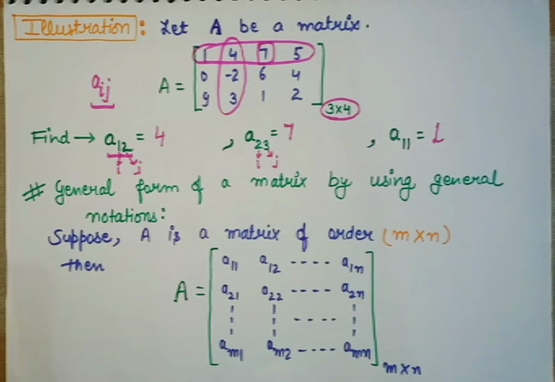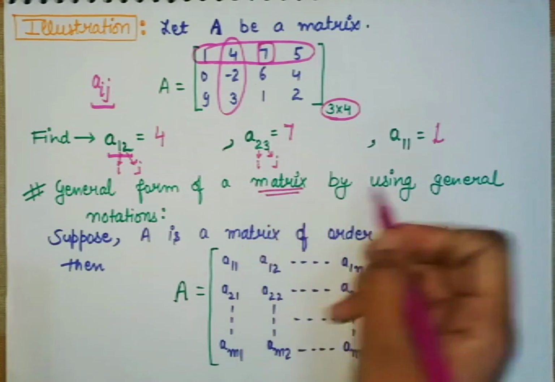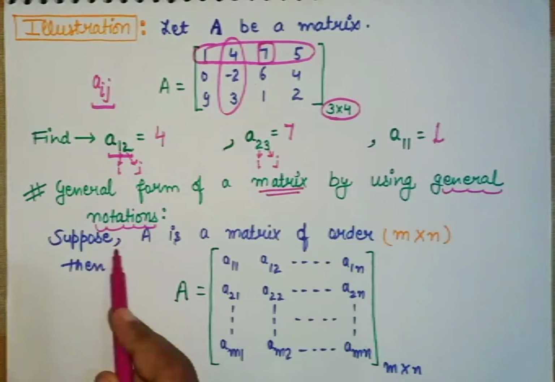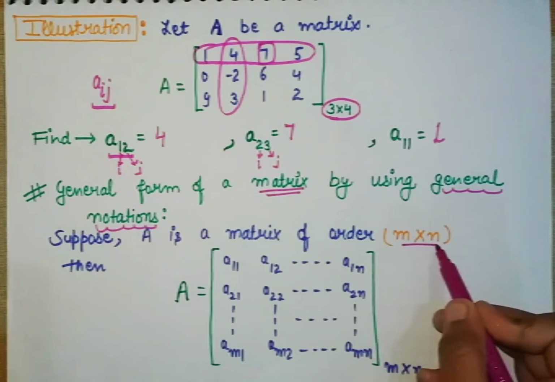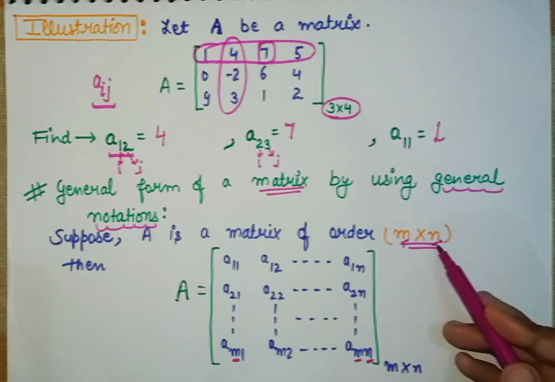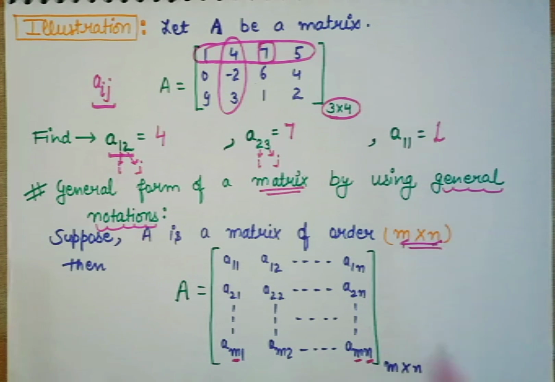Let's learn how to write a matrix by using general notations. Suppose A is a matrix of order m cross n, which means m rows and n columns. In the last row we have m at the place of i and 1 at the place of j, which means the element of the mth row and first column.